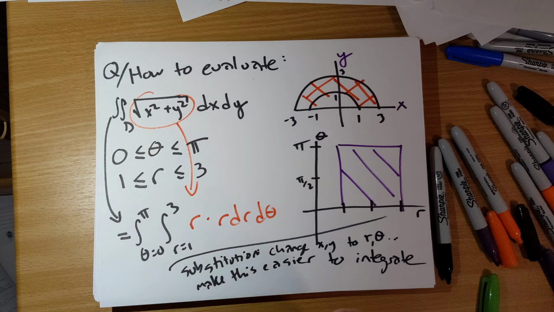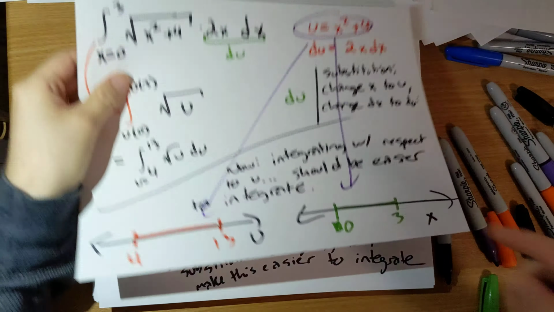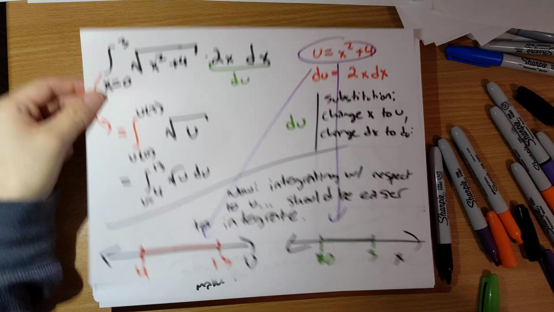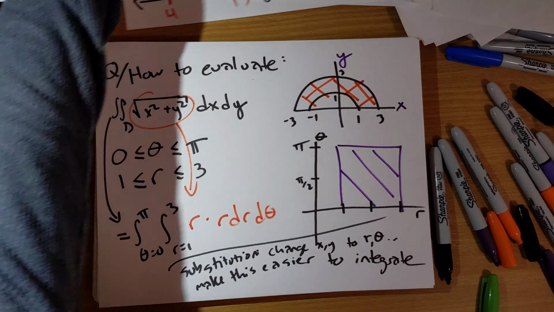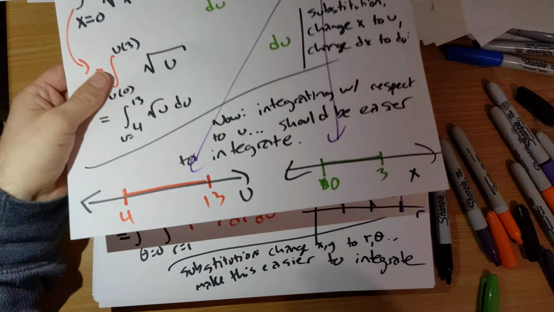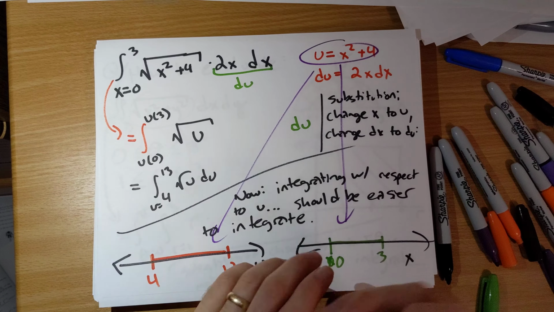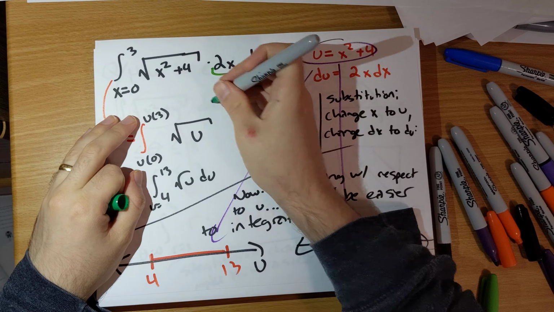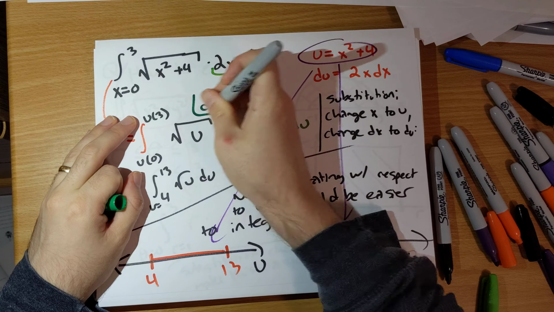The final thing that I want to point out here that's a parallel between this and this example is that in both of these examples, there's extra factors that get thrown in when we change between du and dx, and dx dy and r dr d theta. So right here we have the fact that du is equal to 2x dx.